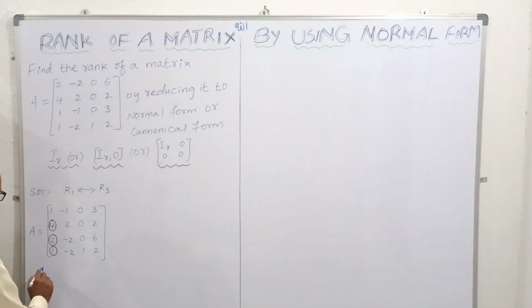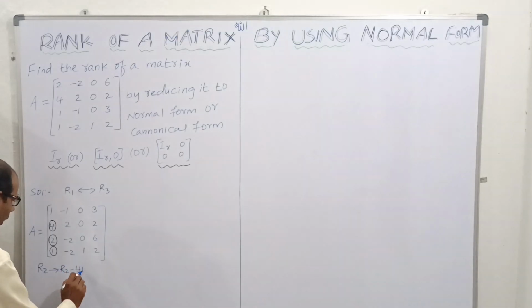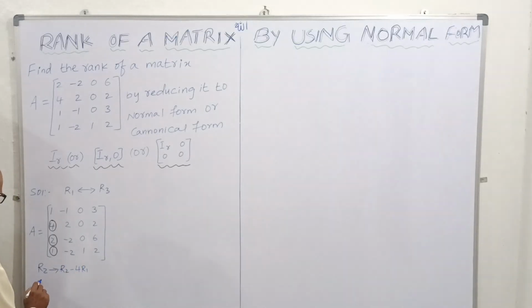So to do that, what we have to do? Apply the operation: R2 is changed as R2 minus 4 R1. Similarly, I want to make this element 0 using row 1, so R3 is changed as R3 minus 2 R1.